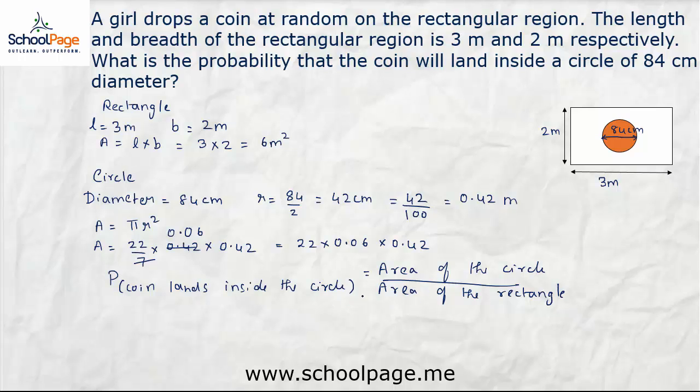Area of the circle we found as 22 into 0.06 into 0.42. Area of the rectangle is 6 meters square. So simplifying this, we get 22 into 0.01 into 0.42, which is equal to 0.0924. Hence the probability that the coin lands inside the circle is 0.0924.